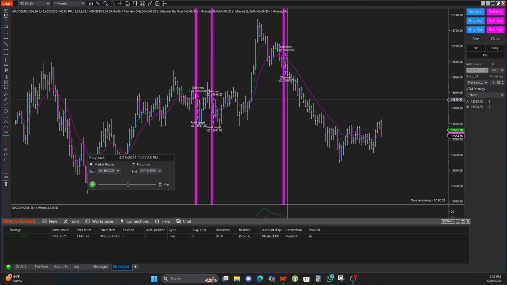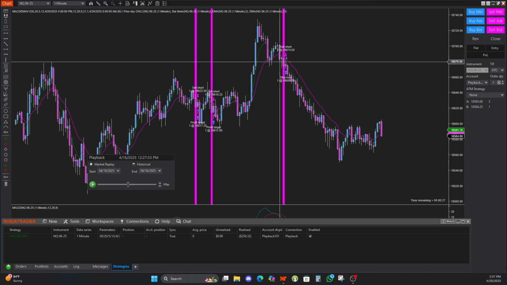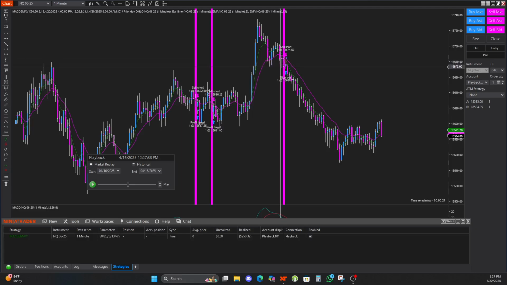It took a short, you can see by the red, magenta in the background, but it looks like it got executed at 74, so right about there, and then it got stopped out at 84, so right about there.